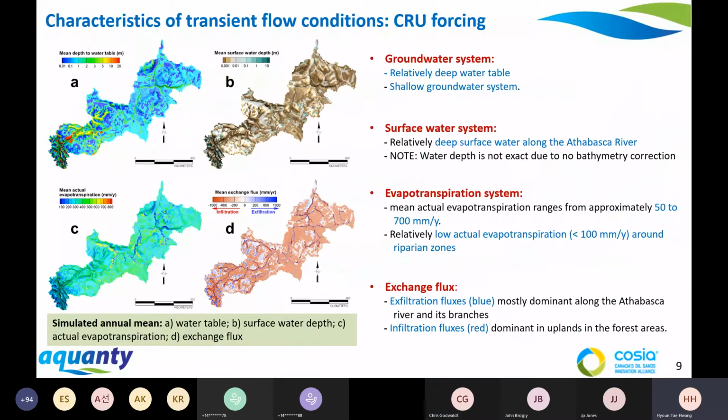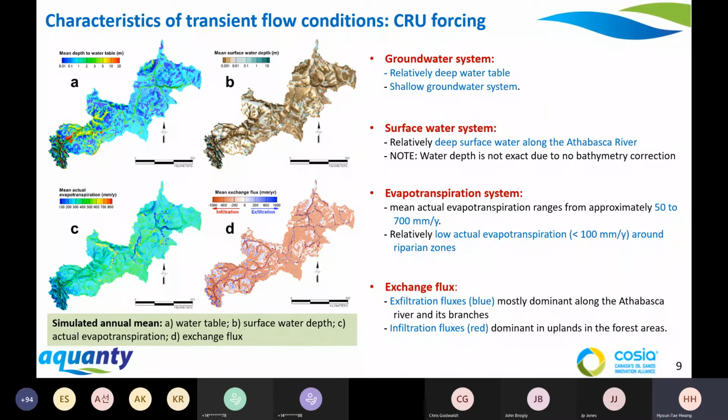And here is a validation result for the groundwater system upper left, and surface water depth upper right, and the bottom two figures are for actual evapotranspiration and exchange flux.